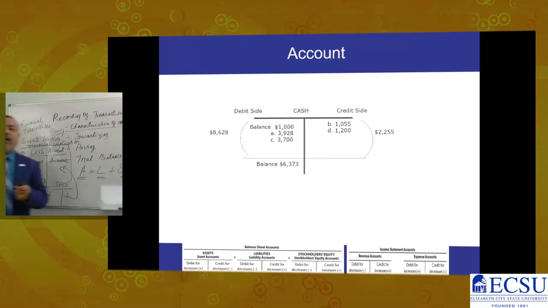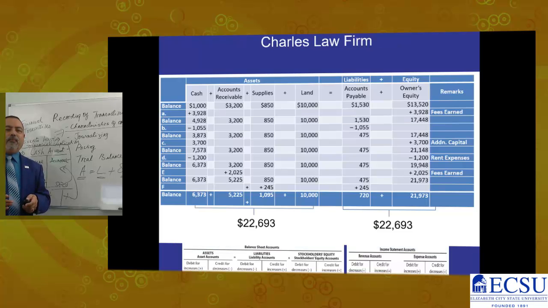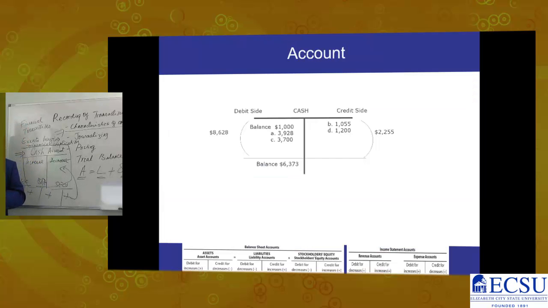Okay, now we started with a balance of 1,000, and then I received 3,928. Because there was a fee that was earned by me, as you can see, that has increased my cash balance by 3,928.